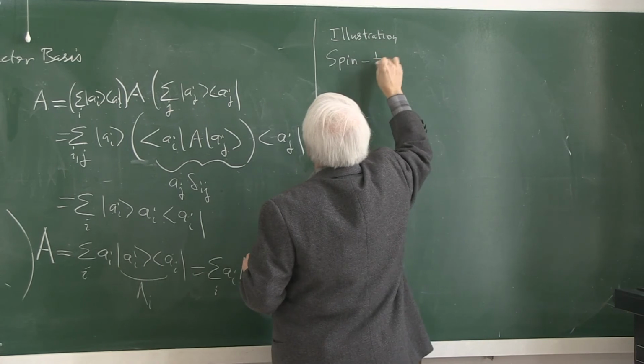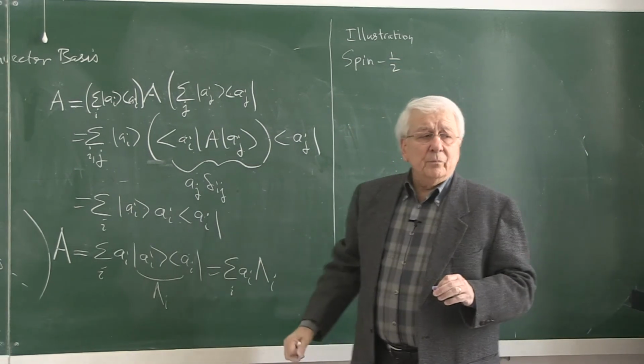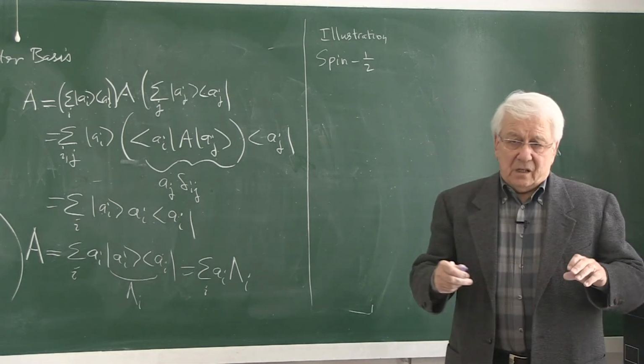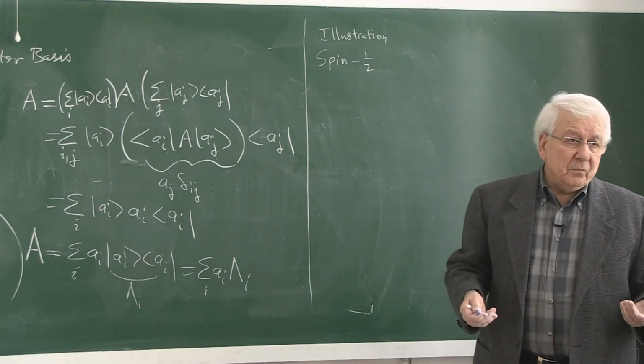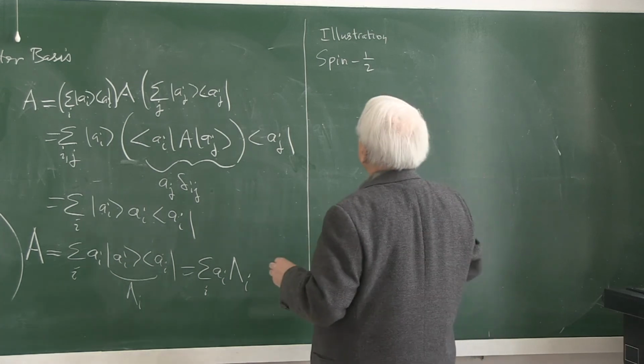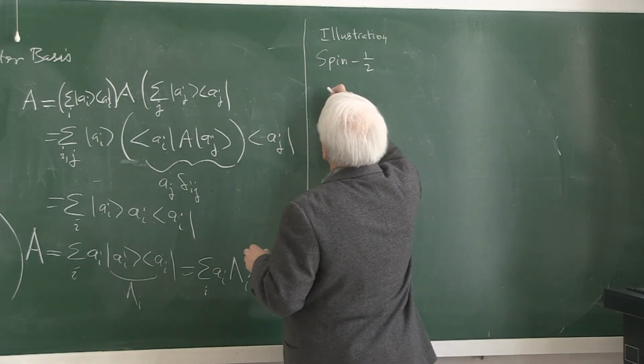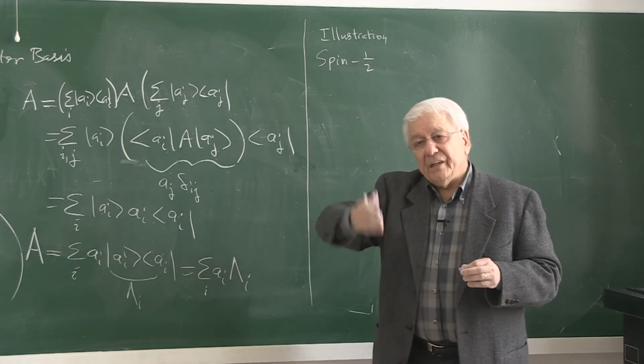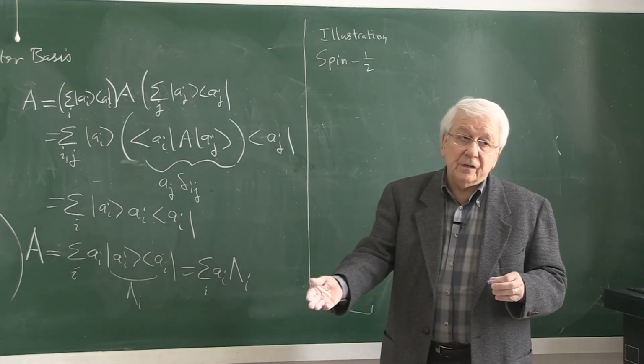Let's consider the famous spin 1/2 problem that we had accumulated some experience with before, in the context of the Stern-Gerlach experiments. We usually take as the default direction of the magnetic field in the Stern-Gerlach the z direction.